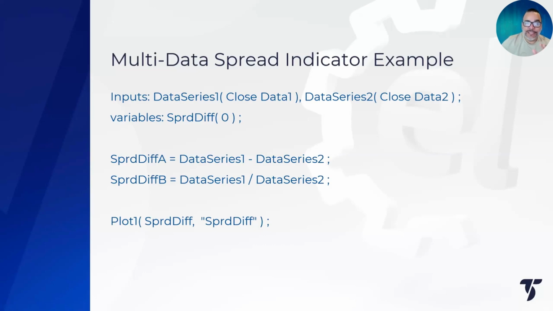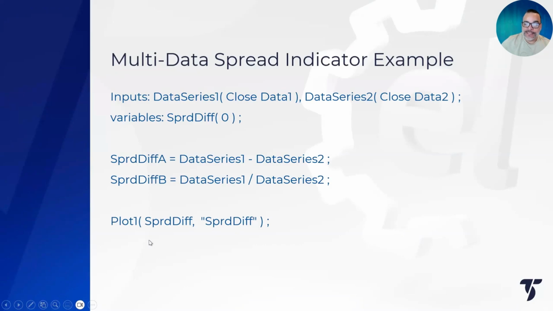There is a spread difference indicator already built into TradeStation that makes that calculation for you. We're going to take a look at that next. And spread diff B is, of course, one divided by the other. So all the mathematical operators that you would find in a simple formula, the subtraction, addition, multiplication, and division are all available in EasyLanguage for you to make any type of mathematical formula.